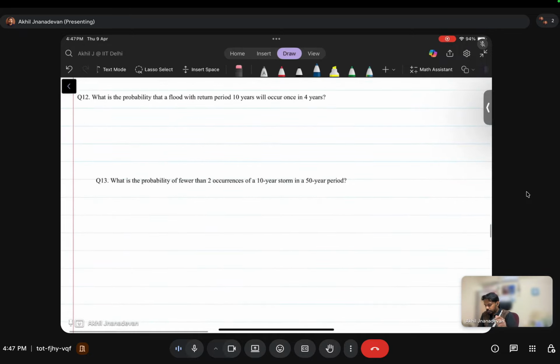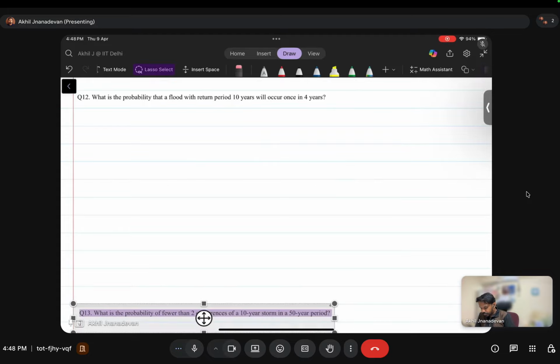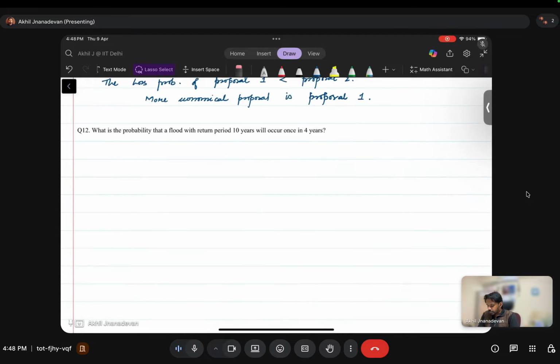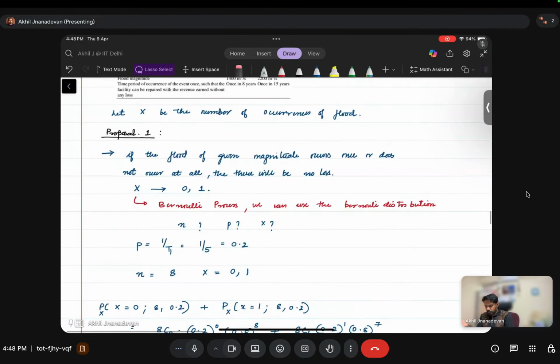So now we can move on to the 12th question. What is the probability that a flood with a return period of 10 years will occur in 4 years? This is similar to what we already did, right? We already saw how to solve a similar question using the binomial distribution.